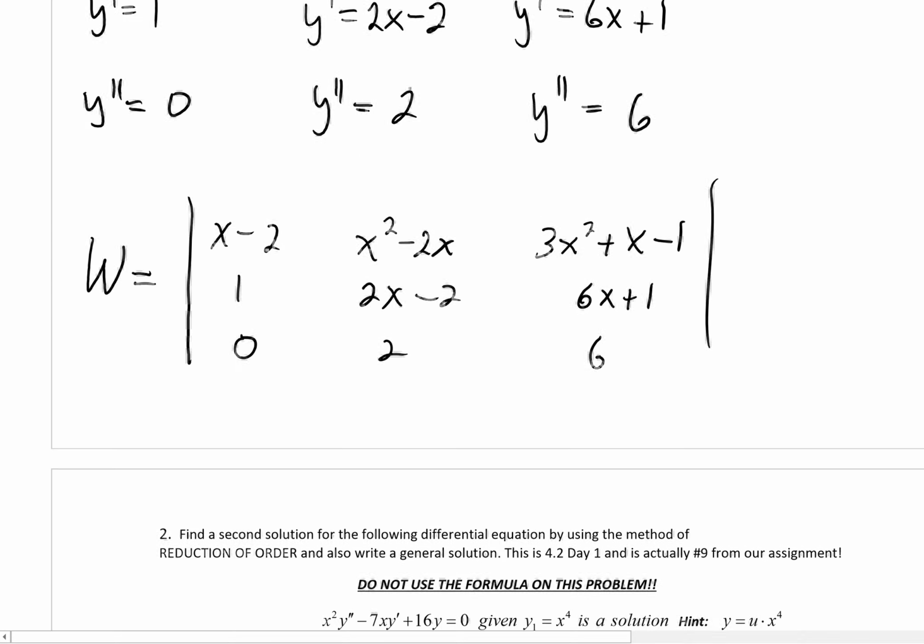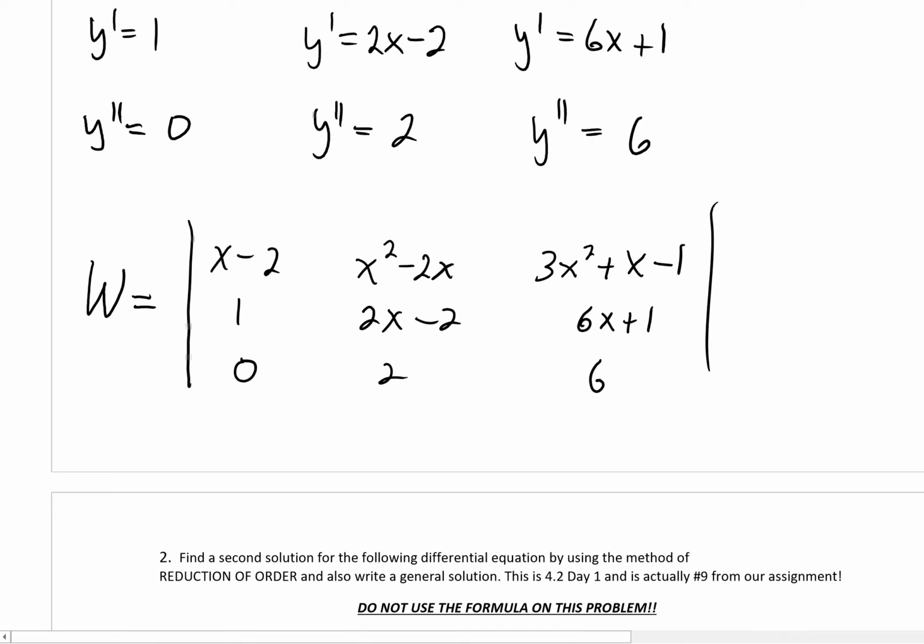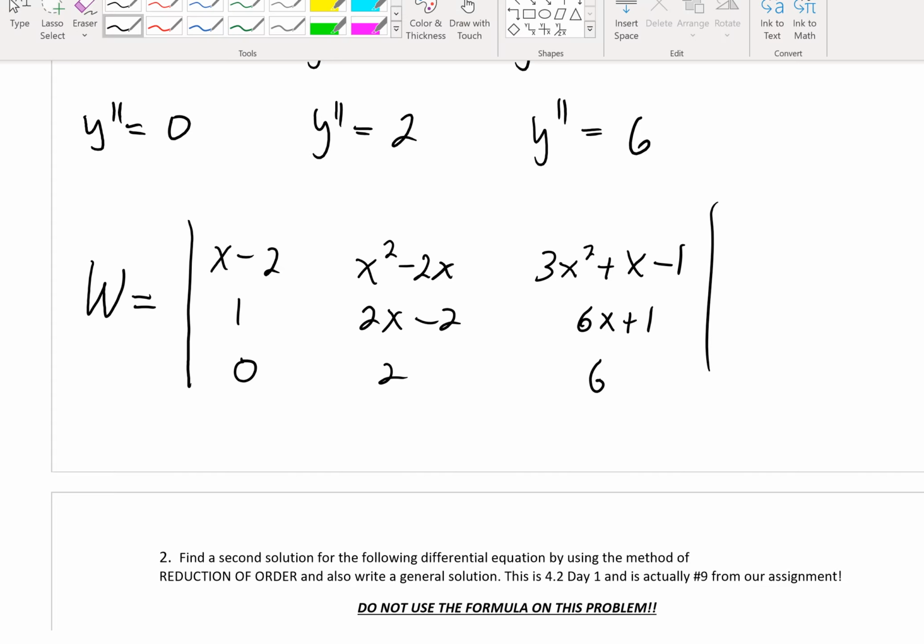Now, you are more than welcome, pardon me, we've got to bring this back here. You are more than welcome to evaluate this determinant by hand. That would be a lot more difficult to do. As I suggested at the top, what you can have in the directions is you can use your TI-89.